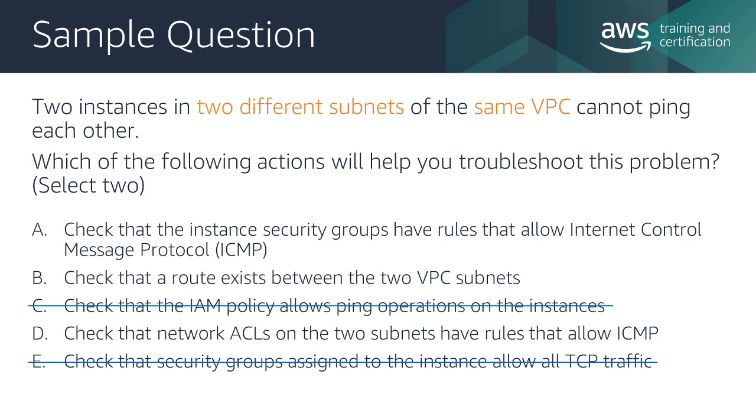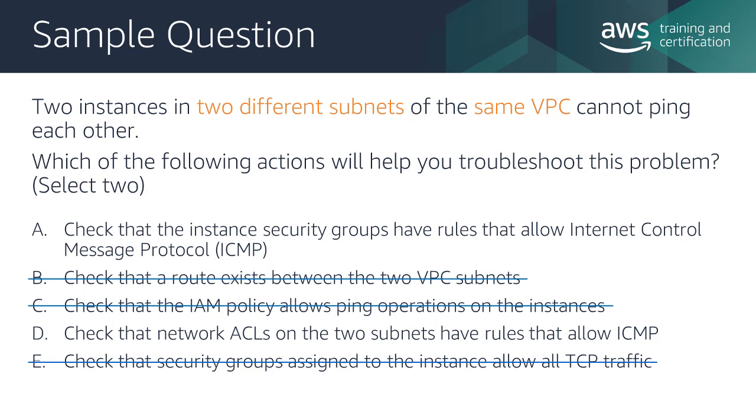You're going to get rid of option B. We don't worry about making sure there's a route between two subnets in the VPC. There is always the default routing line that ensures any instance inside a VPC, whatever subnet they are, can talk to each other. It doesn't mean there's not going to be access control lists or security groups that could block it, but there certainly is not a route problem.